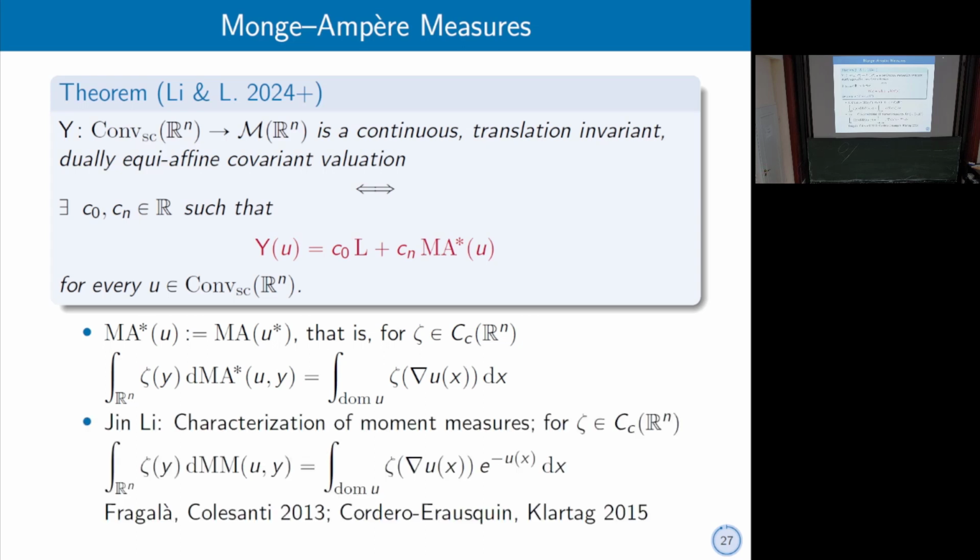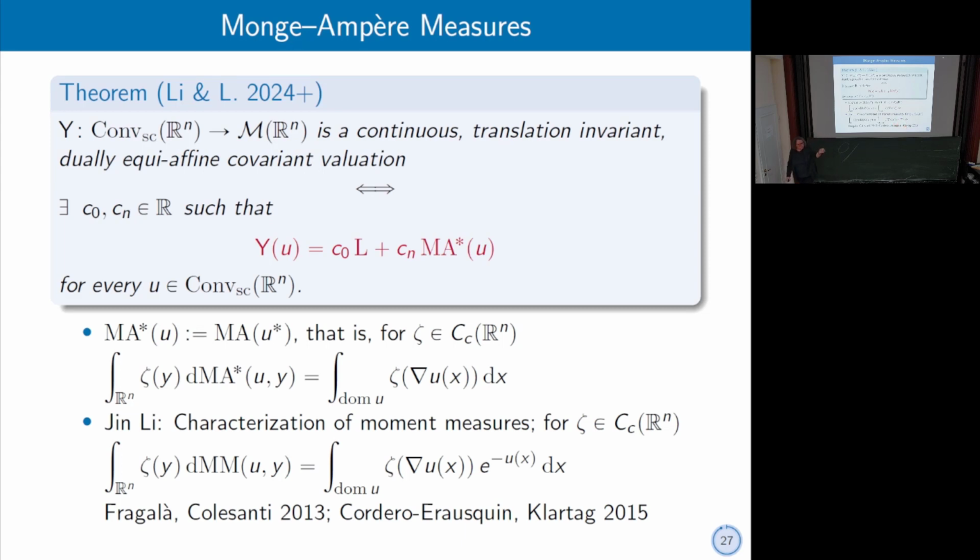Just as a side, Jin Lee was also looking at the characterization of moment measures, and he has some results in this direction. I don't want to state them explicitly, they're more complicated. But I wanted to recall the definition of moment measures because they look very similar to what we had just before. This is the push forward, again, through the gradient map of this measure, defined as e to the minus u(x) dx.